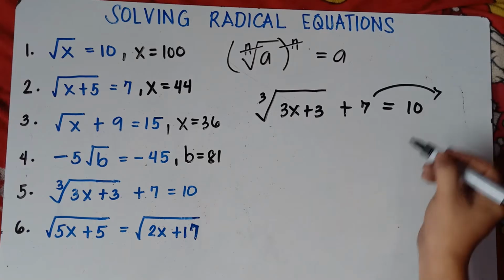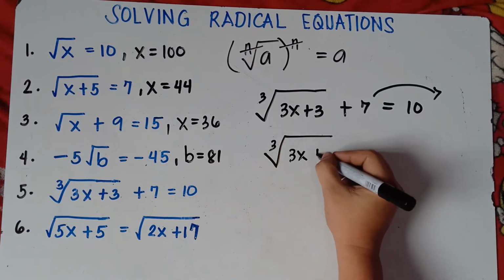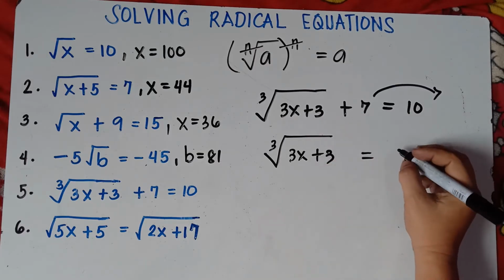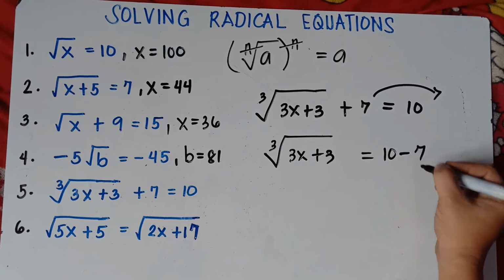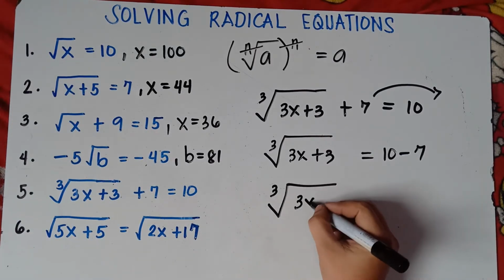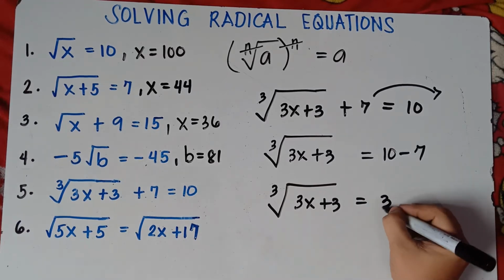So, transpose this one. So this will be the cube root of 3x plus 3 equals, this is positive 7, it will be negative 7. It will be 10 minus 7. Alright, and then this will be the cube root of 3x plus 3 equals 10 minus 7, that is 3.